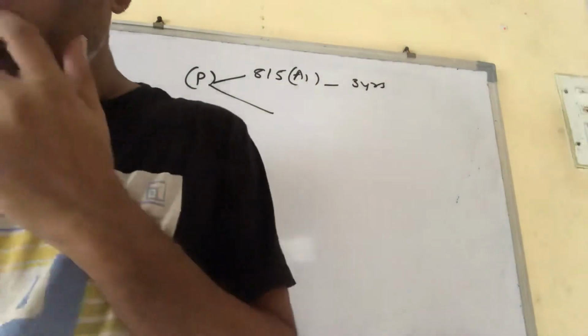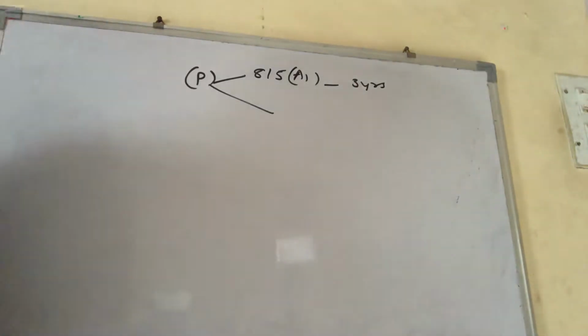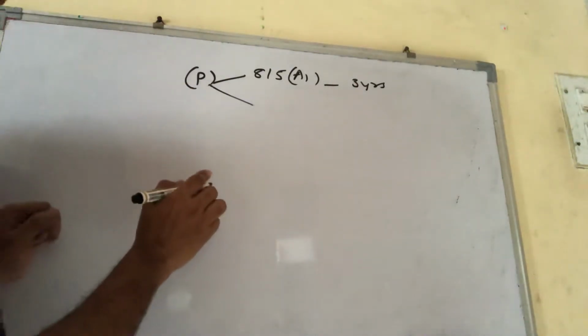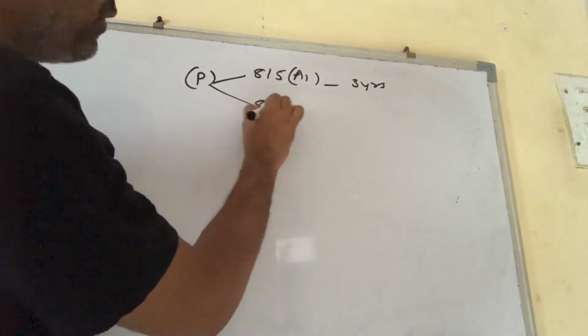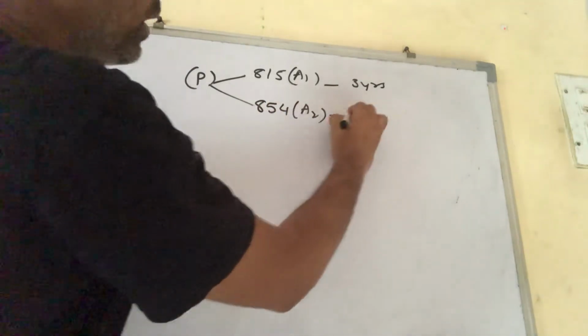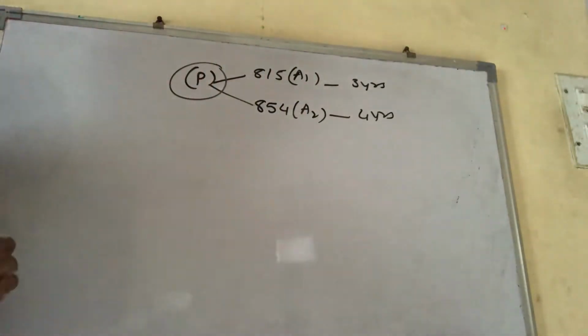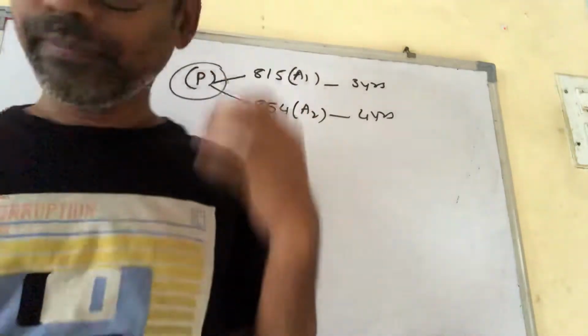And the same principal amounts to 854, I will consider this amount 2, in how many years? 4 years. And we have to find the principal. Please try to do this.